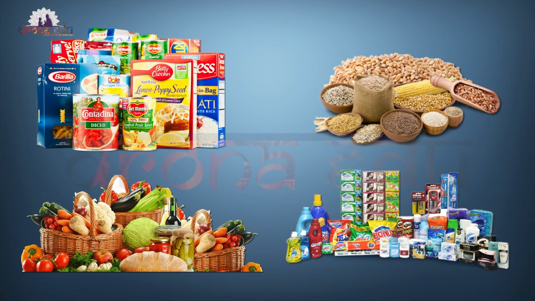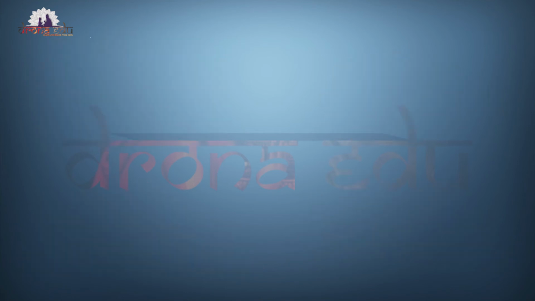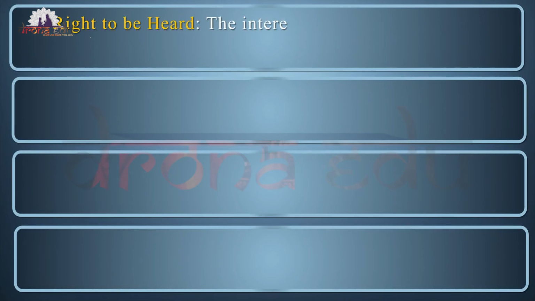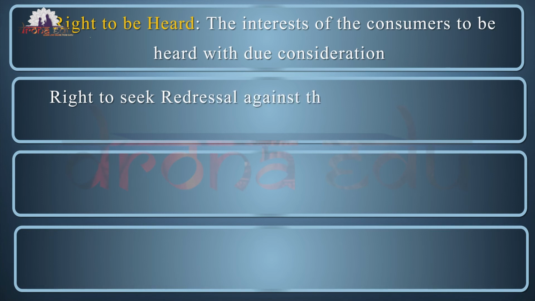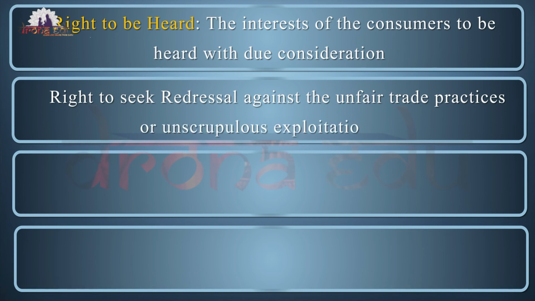So what does right to choice mean? Whenever possible, access to a variety of goods at competitive prices. Okay. Next is the right to be heard: the interest of the consumers to be heard with due consideration. Next is the right to seek redressal against unfair trade practices or unscrupulous exploitation.